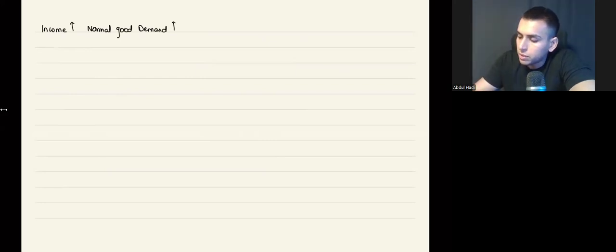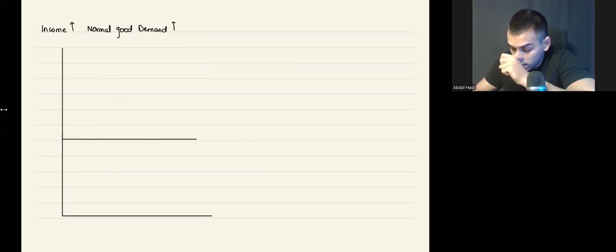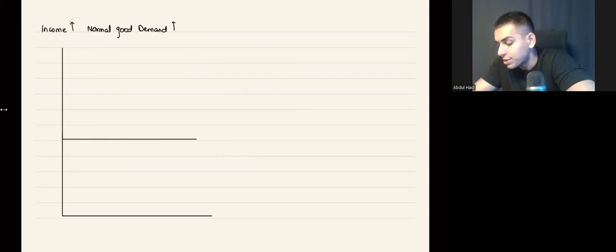Now let's draw the first diagram first. The basic diagram, which will always stay the same regardless of whether we're talking about normal good, inferior good, or necessity good.